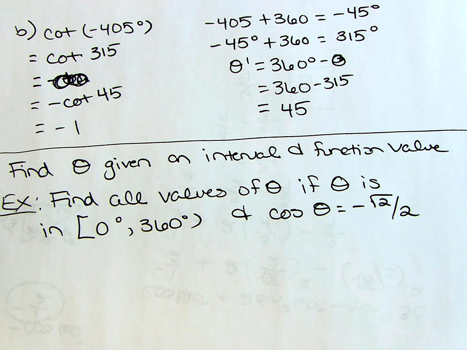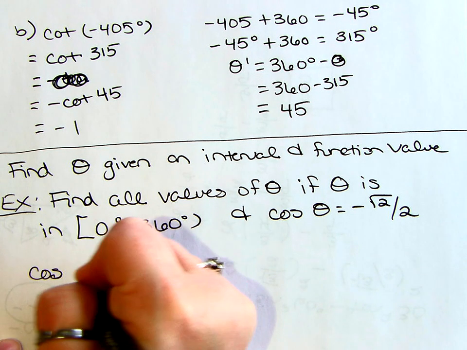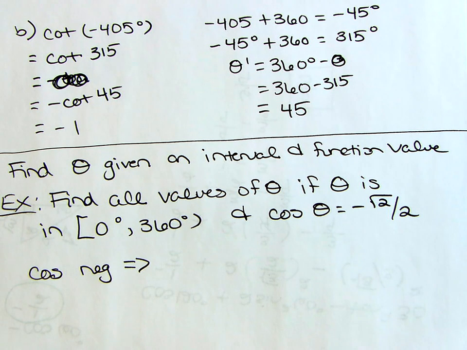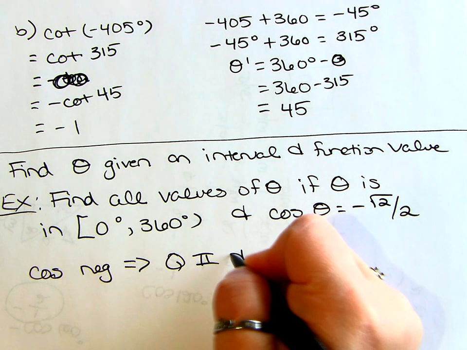The first bit of information is to look at your cosine. It's negative. What quadrants is cosine negative? Yeah, it's negative in 2 and in 3. Okay, so we know this.